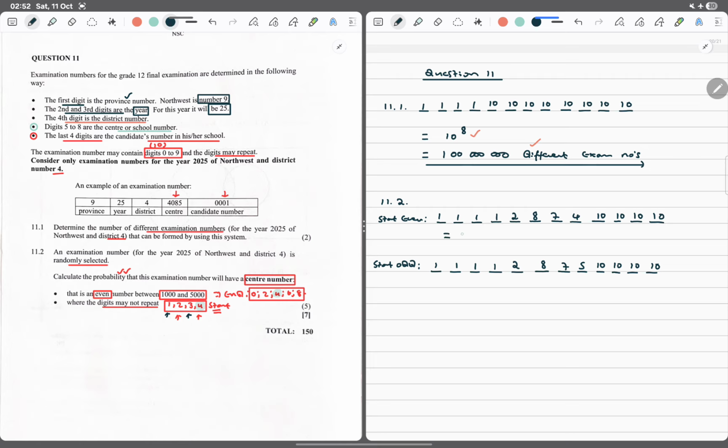Now let's evaluate. What is this? This is basically 10 to the exponent 4 times 2 times 8 times 7 times 4. What do we get?